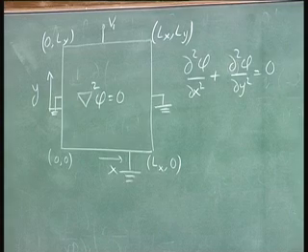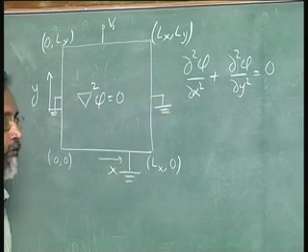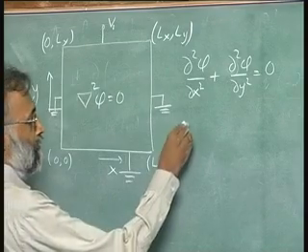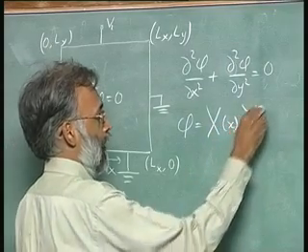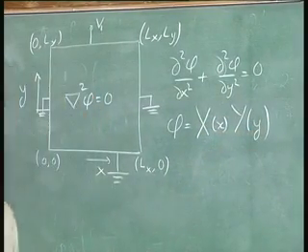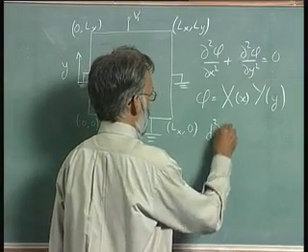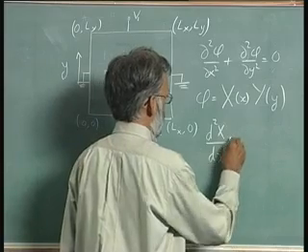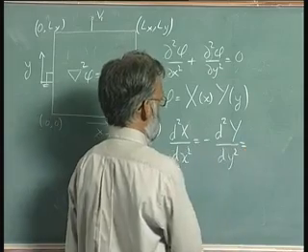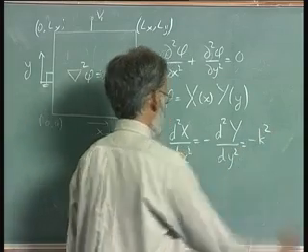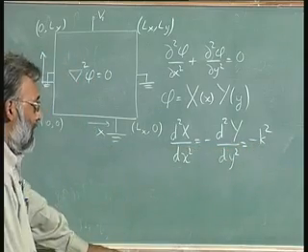If you go back to your notes, you will see earlier in the lecture I worked out what you have to do, and we found that we assume phi is equal to some capital X of x, capital Y of y, and when we work through all the details, we find that 1 over capital X d squared capital X dx squared is equal to minus 1 over capital Y d squared capital Y dy squared is equal to minus k squared. I could have put plus k squared, but I know beforehand I want minus k squared, so I have put it there.